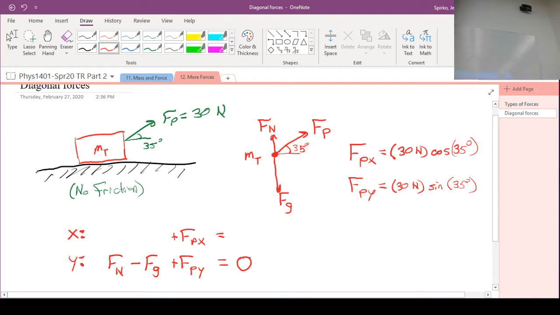Because after all, we have a normal force there. The normal force implies it's touching the floor. So if it's touching the floor, it's not moving up or down. And then in the x direction, that's where we have the mass times acceleration.